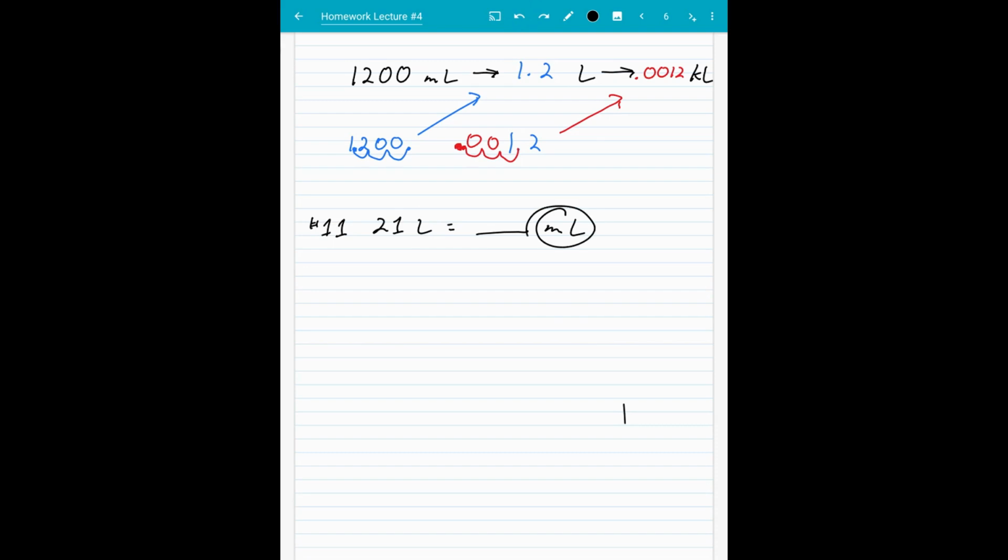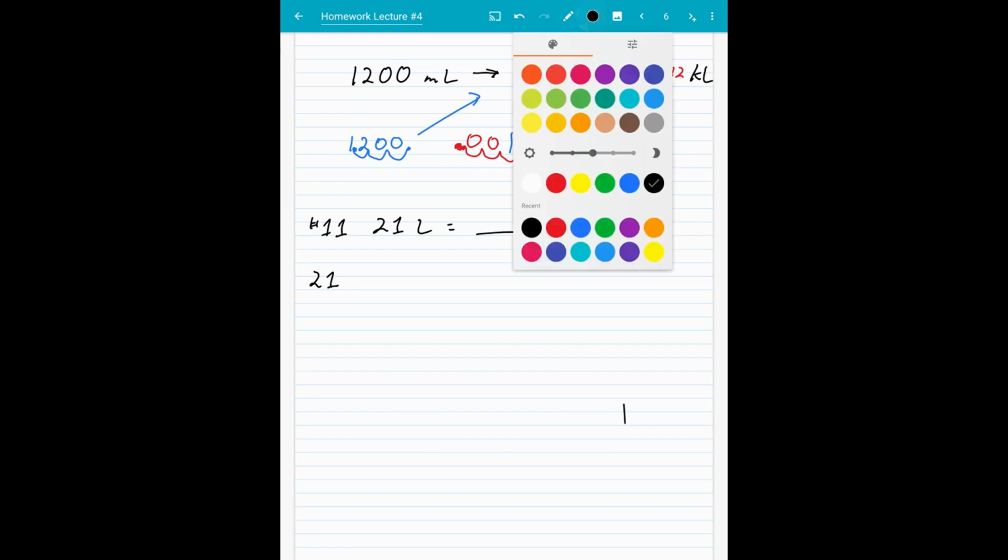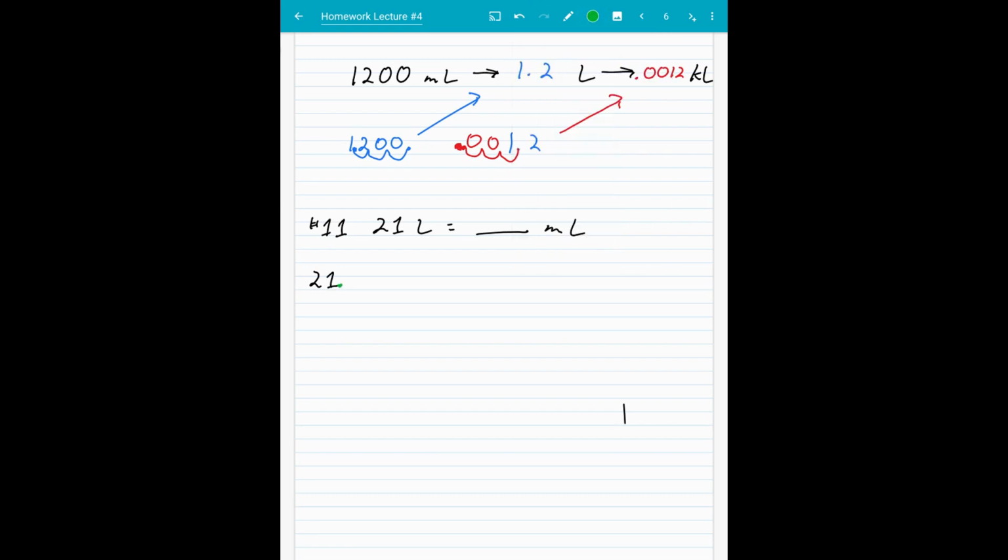So there's a lot more of these inside one of these. So we need to make the number 21 look larger. So move it over to the right 3 times. And that gives you 21,000 milliliters. That'd be your answer for that one. That's all there is to it. It's just a matter of learning how to do it.